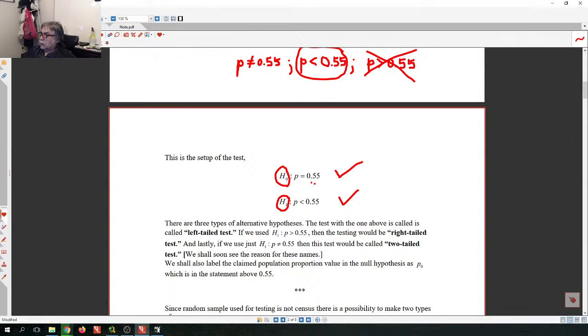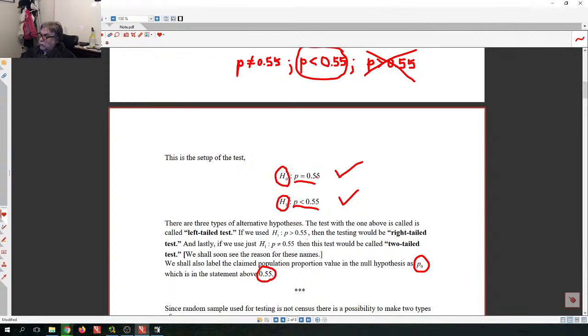So this is the claim: population proportion is 55%. That's the initial claim, presumed to be true. This is the alternative claim, that population proportion is less than 55%. Also, keep in mind that the number in the initial claim we will call P0.